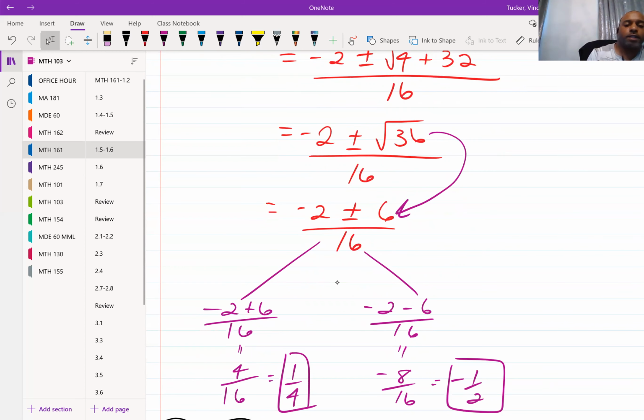And that'll be 4 over 16, which is 1/4, and then -8 over 16, which is -1/2 when you simplify. All right, any questions before we do another one?